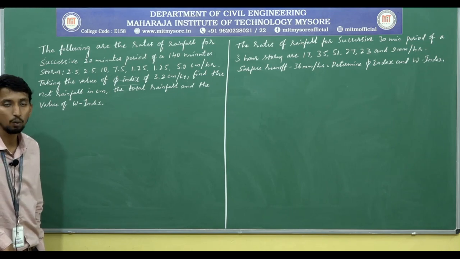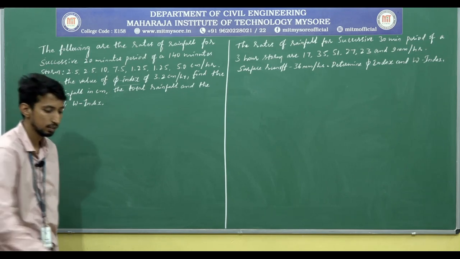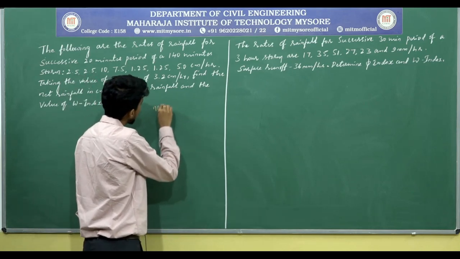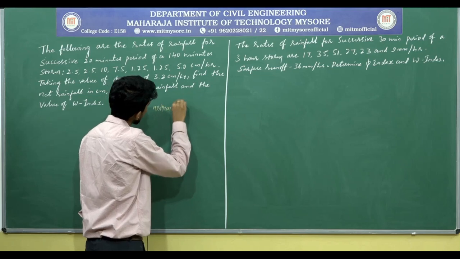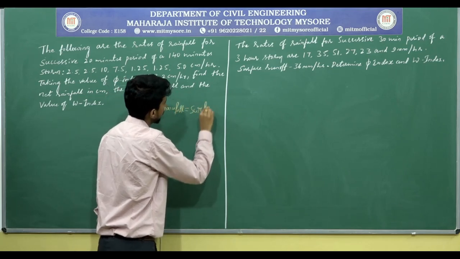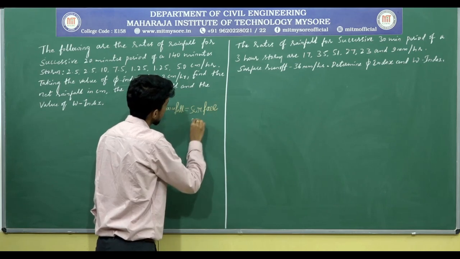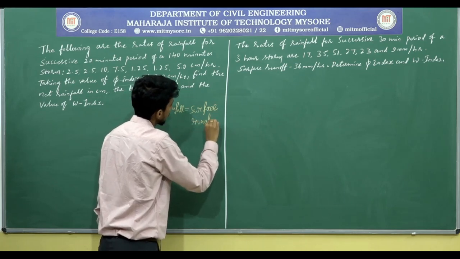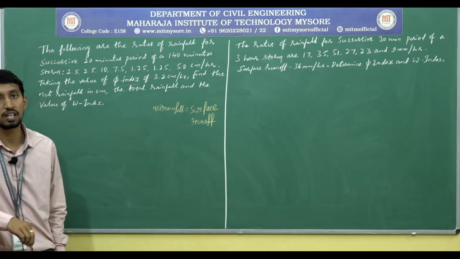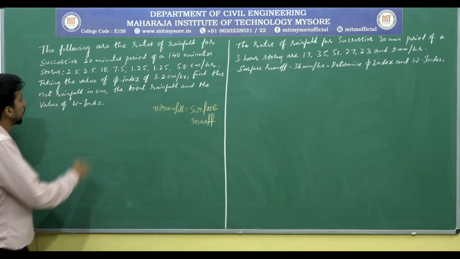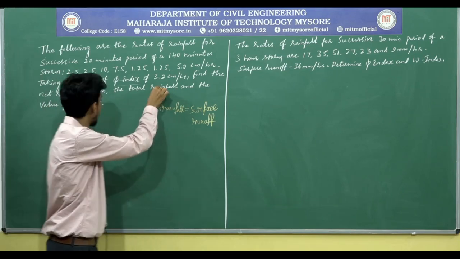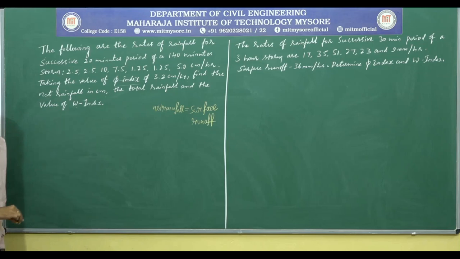One thing you need to understand is that net rainfall is nothing but surface runoff. In the question, he has asked to find the net rainfall, the total rainfall, and the W index.